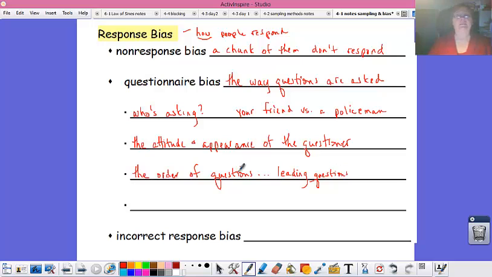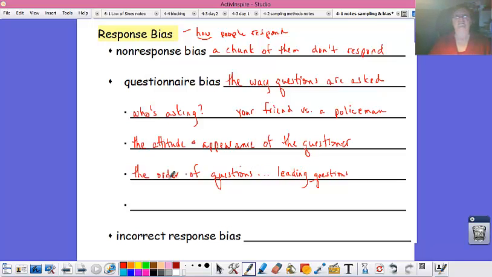An example might be, did you know that the federal government spends $15 million annually to pay da-da-da-da-da? And then the next question, should the government pay $15 million? Or it might be, did you know they pay $60 million? And then the next question, how much should the government spend?